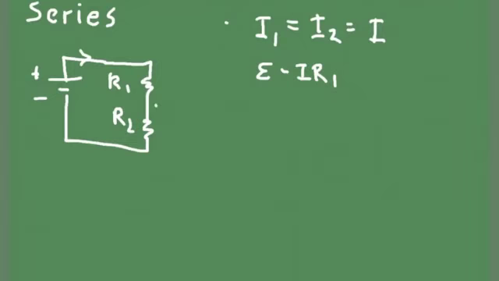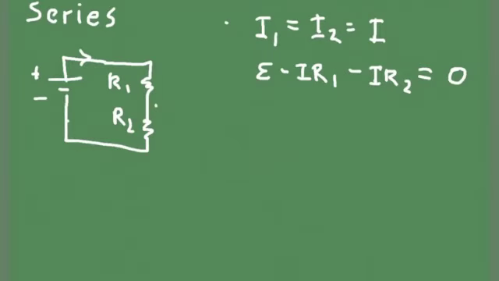And then you move through resistor number 2, and that's another drop in potential. You're still going with the flow of the current, so you're going towards lower ground. So that goes with a minus sign also: minus IR2. And because now you're back to the point where you started your journey, the sum of all of the potential changes should be equal to 0.